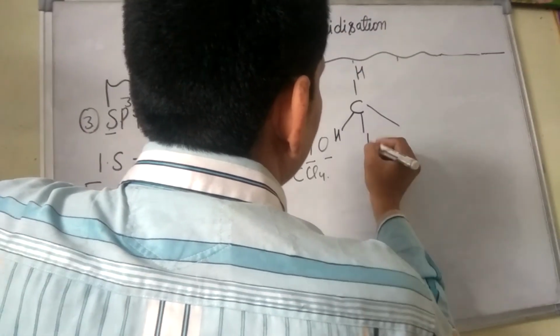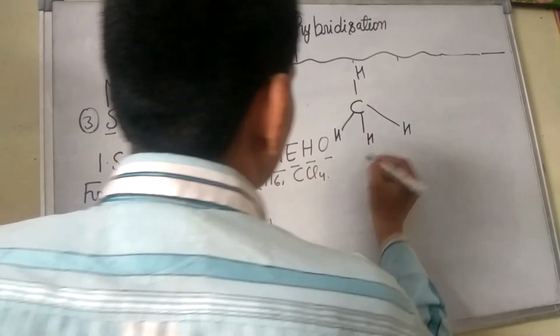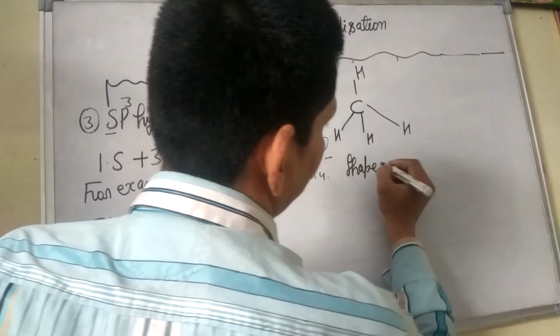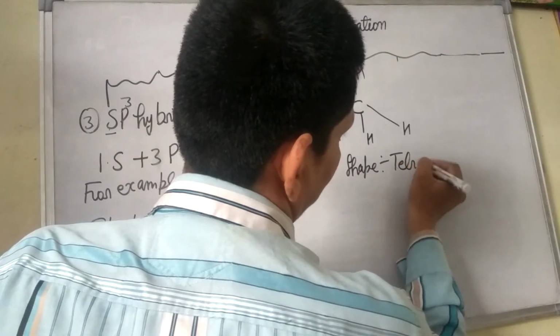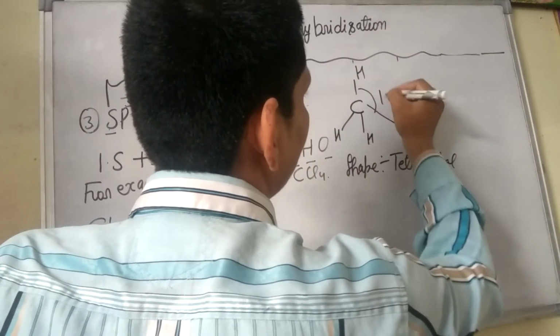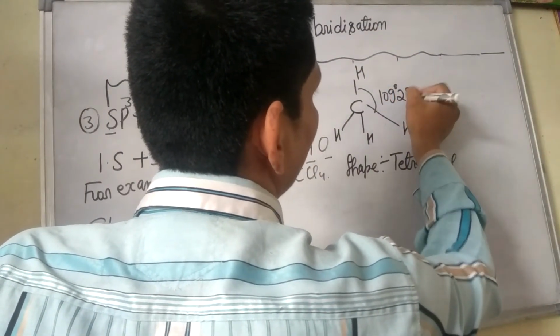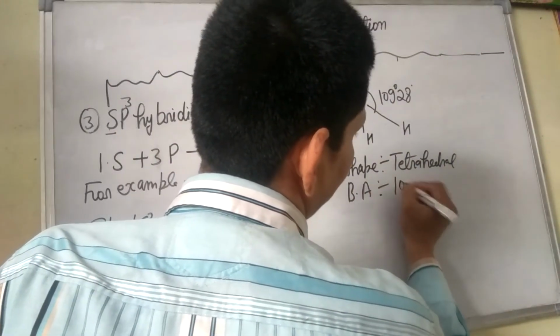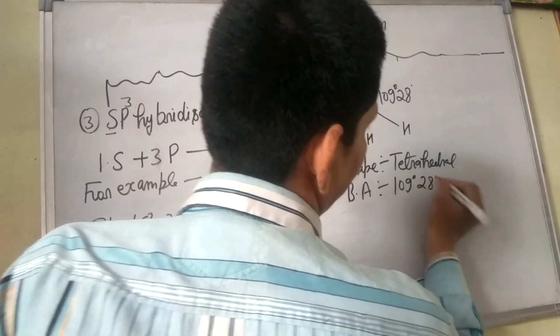CH4 is tetrahedral in shape. Second point, bond angle is 109 degrees 28 minutes.